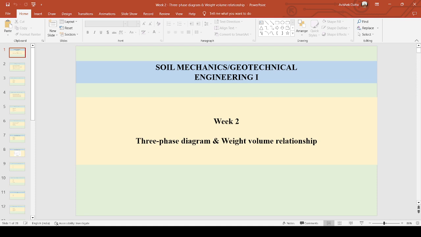In these sessions, we will be solving some problems. The problems can be MCQ, MSQ, true false statement, and numericals.